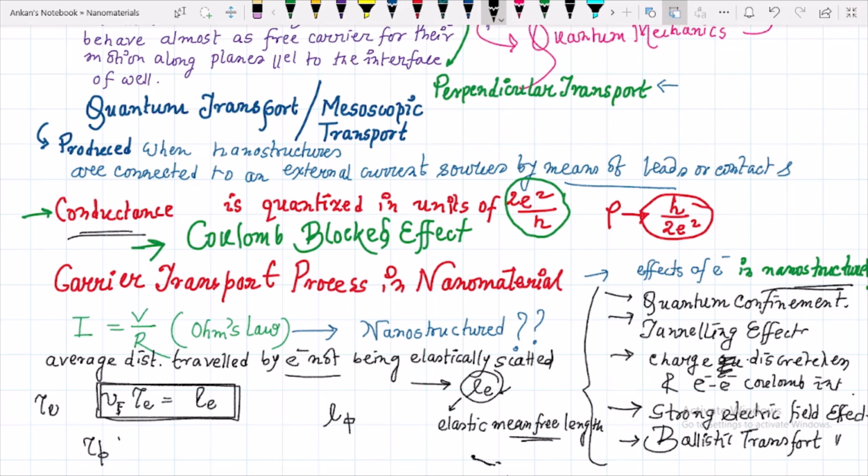So tau_E was the elastic relaxation time, and this is the dephasing time. So V_F times tau_phi equals L_phi.